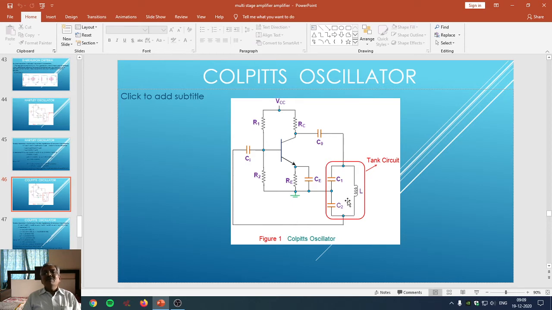In this way, the capacitors will start charging. When the capacitors fully charge, as the inductance L is connected in parallel, they will discharge through the inductance L and magnetic flux starts building up across the inductance.